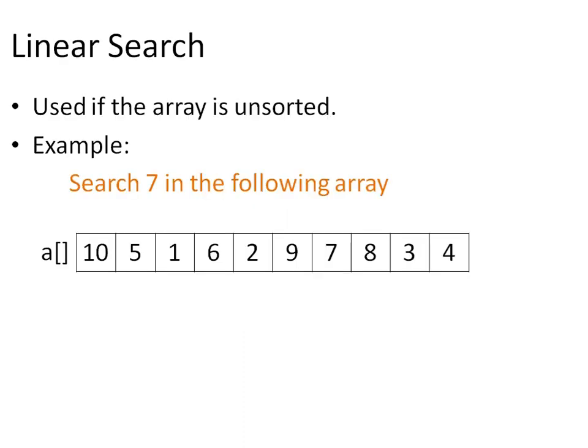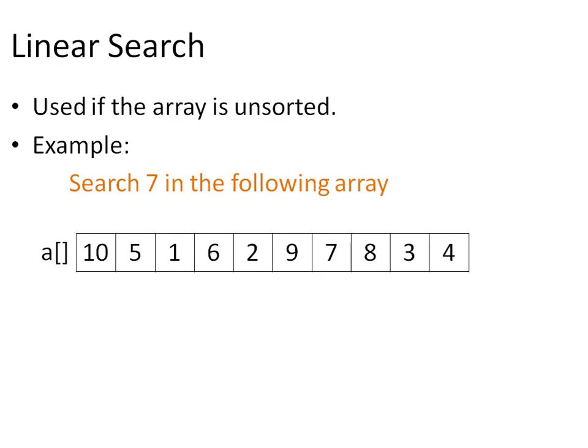Linear search is to be done whenever the array contents are not sorted. In case of sorted arrays, binary search is used due to efficiency. Binary search will be covered separately. Here we are only going to discuss linear search.